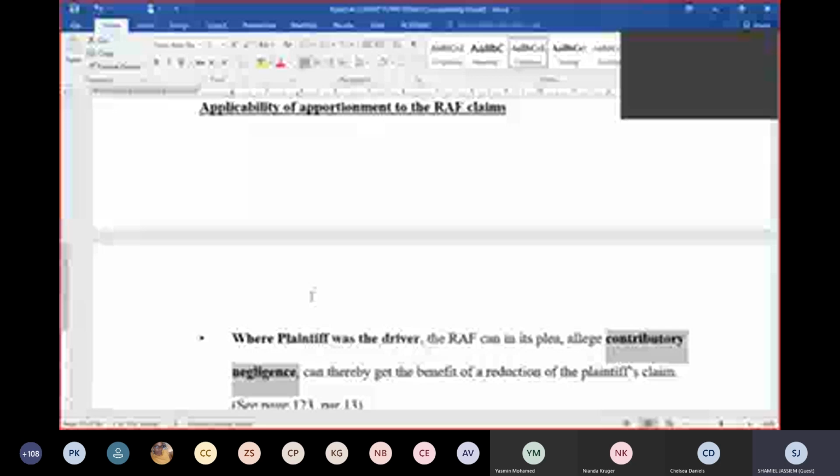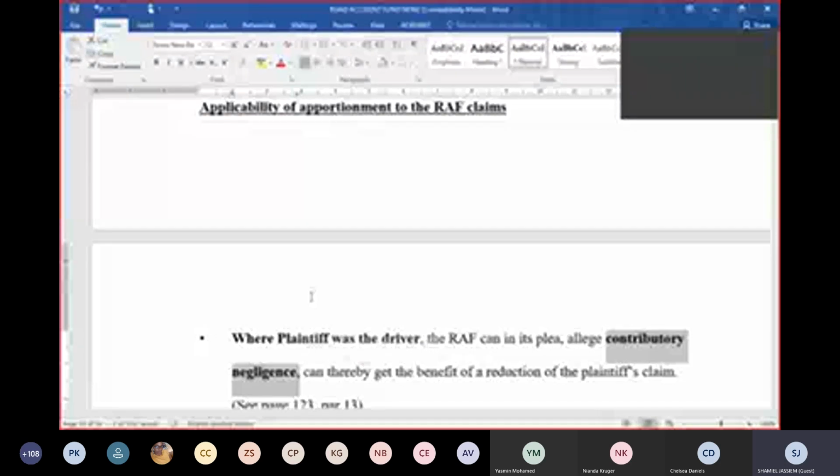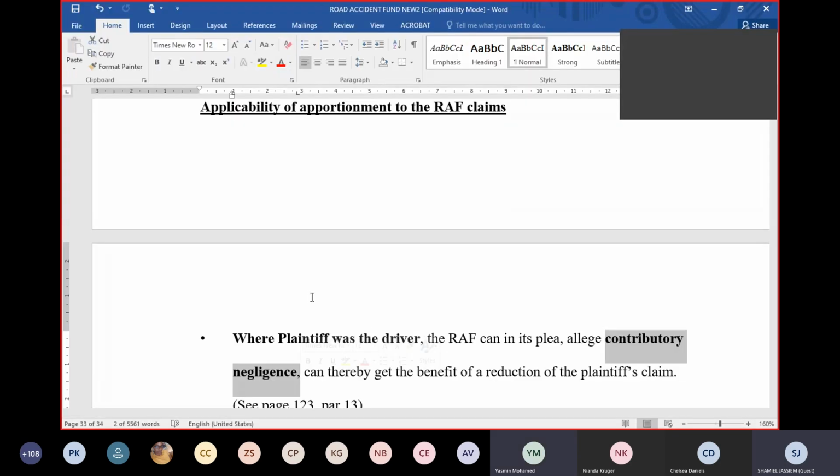So it's a paragraph that you add in the defendant's plea. So if they ask you to draft the plea, do you just do the paragraph, not the whole plea? Correct. Only the paragraph.